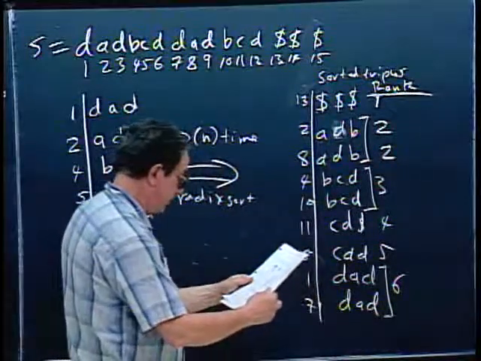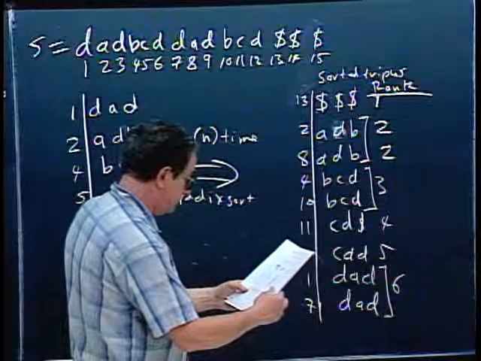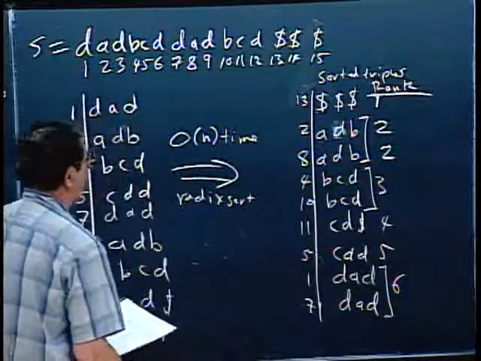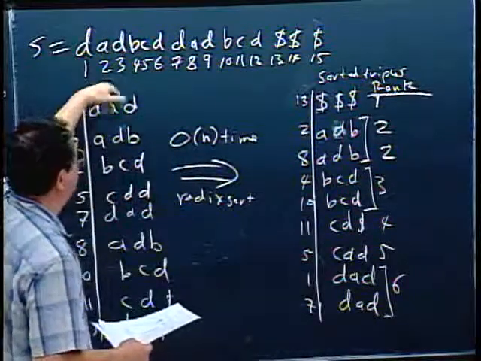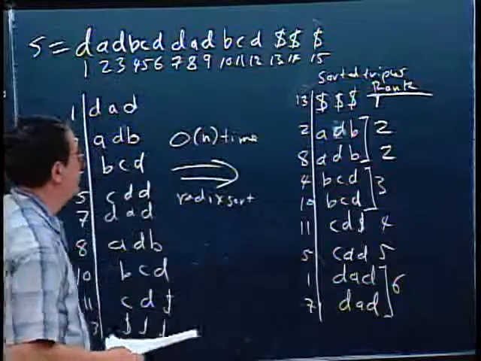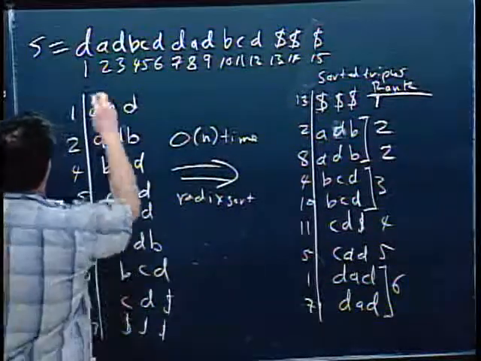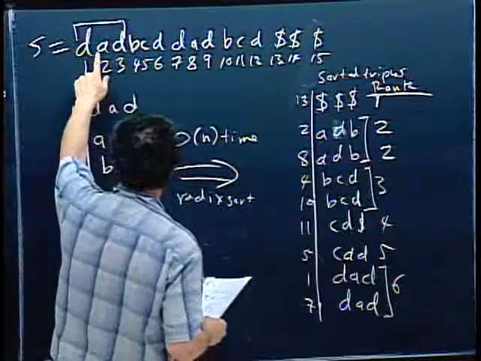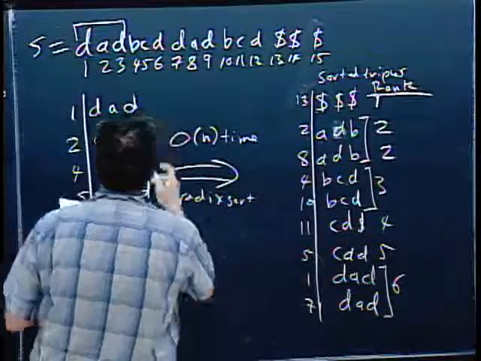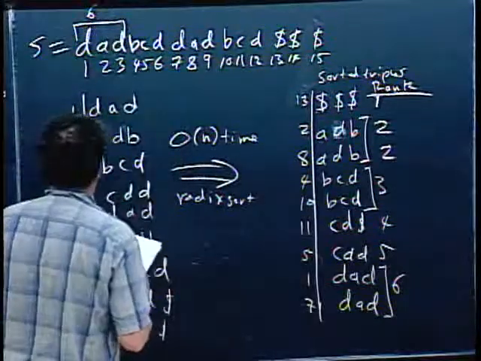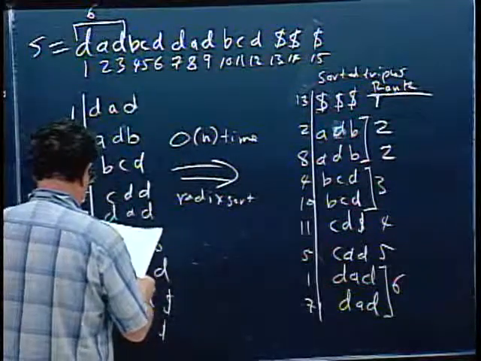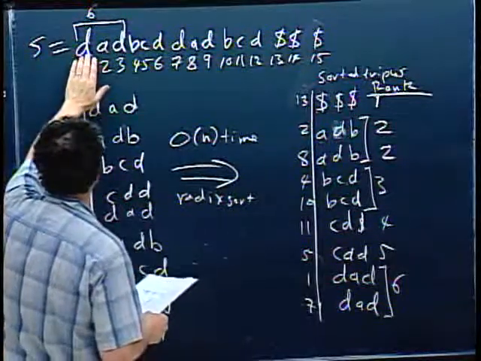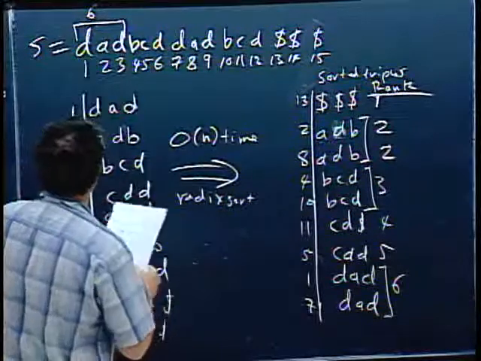Then we do a kind of funny thing. We recode the string in terms of their rank numbers. So we're going to take 3 characters at a time, DAD, and the rank number for DAD is 6. Let's just look at the ones that begin at position 1 mod 3 right now.